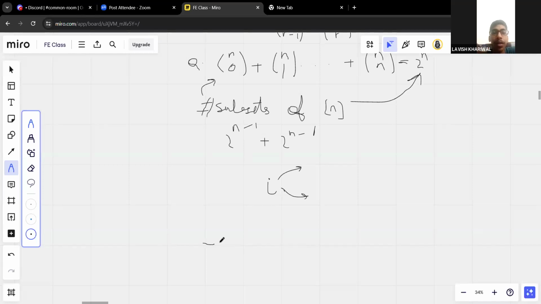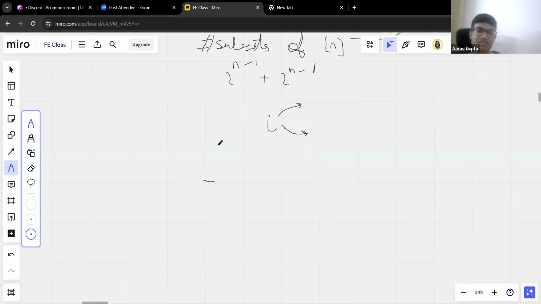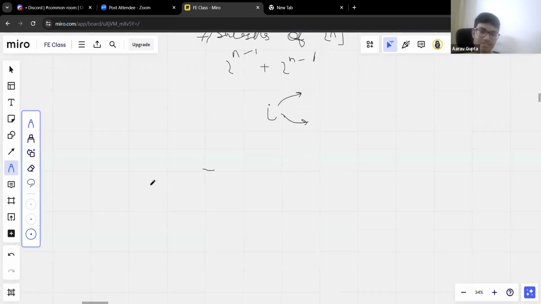Then we have two choices for each of the elements, so applying the multiplication rule, we get 2 raised to the power n. Okay, so that is the same thing that we did here, but I suppose that is a nice way to phrase it. So thank you.